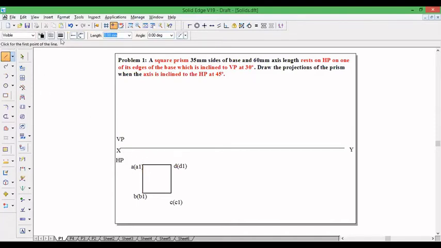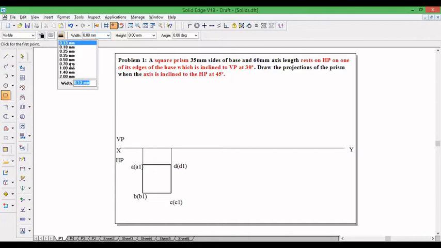Go for projection line 0.13, project till the XY line, and we know the front view of the prism is a rectangle. The width is this much and the height is given in the question, 60 mm.